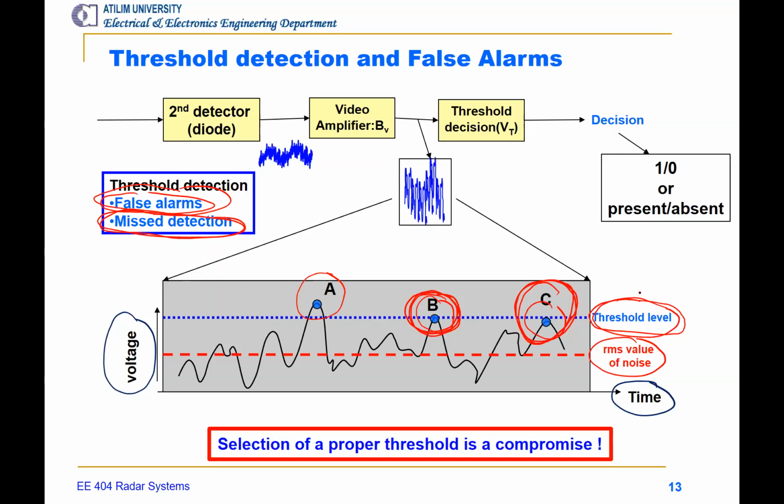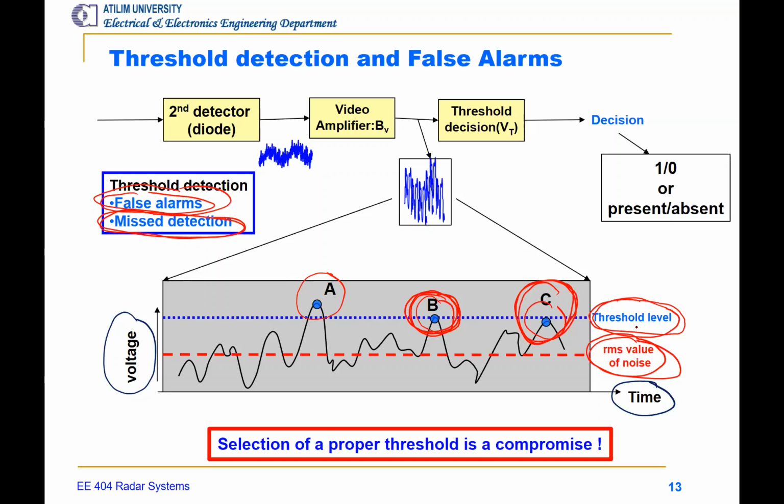The best way is to choose this threshold adaptively by inspecting noise over time and determining the mean value of the noise, and then choosing the threshold. So monitoring the noise, get the average, choose the threshold.